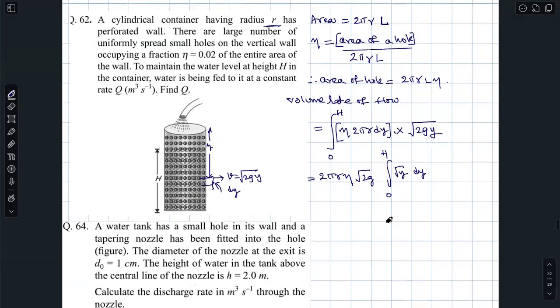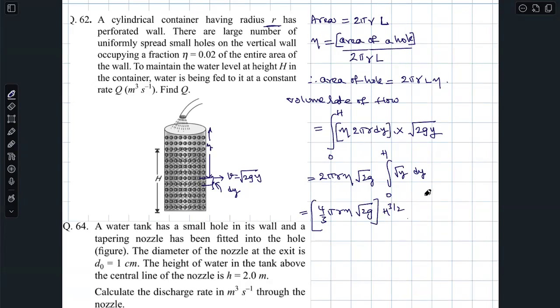Any doubts on this? Root y is y to the power of 3 by 2 by 3 by 2. That is integration. So you will get 4/3 pi r eta root 2g. All this is a constant, and finally you will get h to the power of 3 by 2.